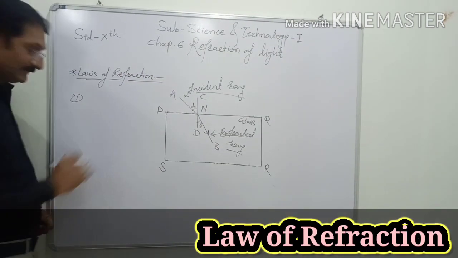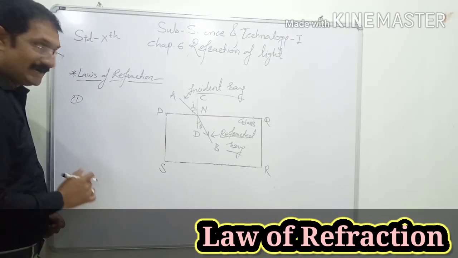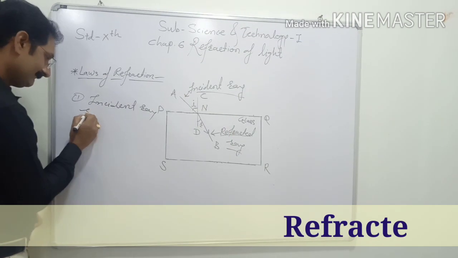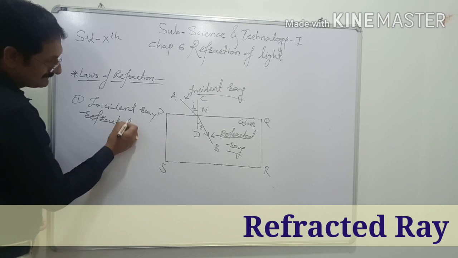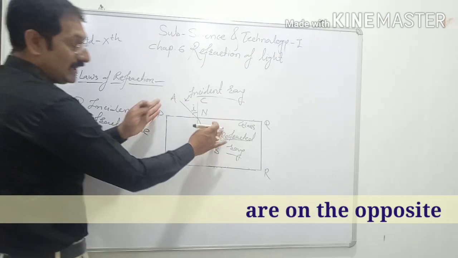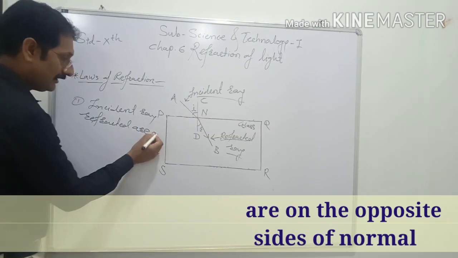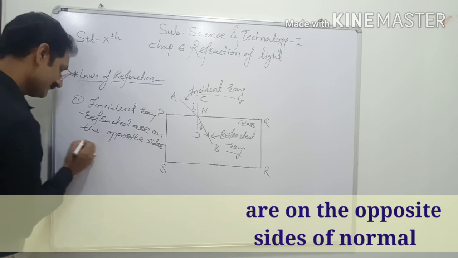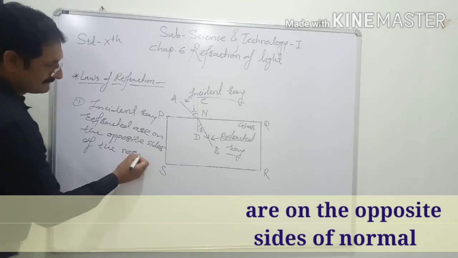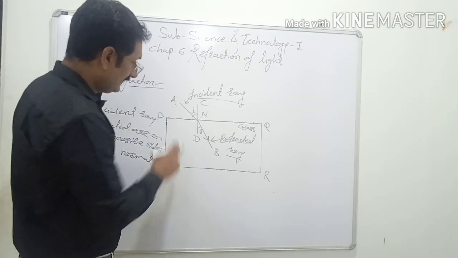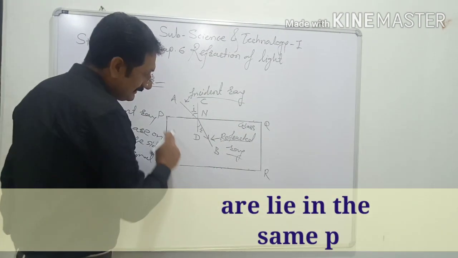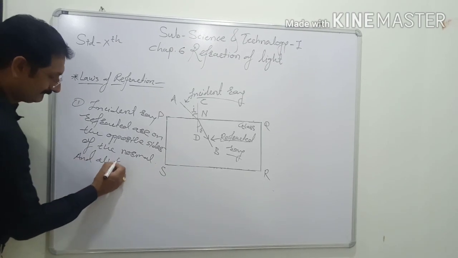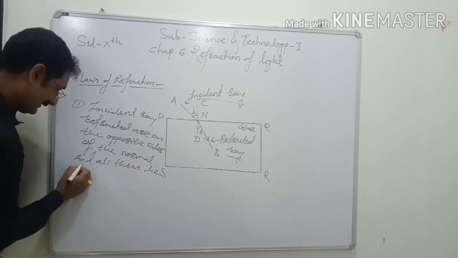So what is the first law of refraction? For a given pair of media, the incident ray and refracted ray are on the opposite sides of the normal, and all three, the incident ray, normal and refracted ray, lie in the same plane.